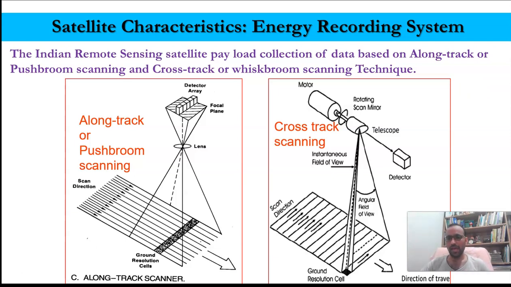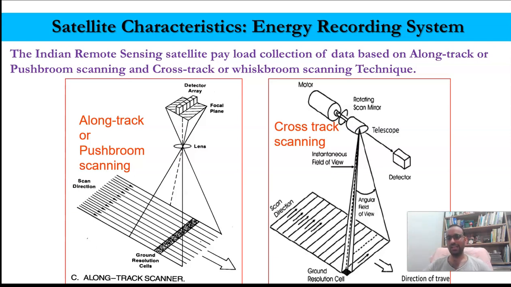Here we have different types of recording sensors in the satellite for remote sensing or Earth observation. We have two types of recording system. In other words, our sensor also moves in different directions to collect data for different purposes.